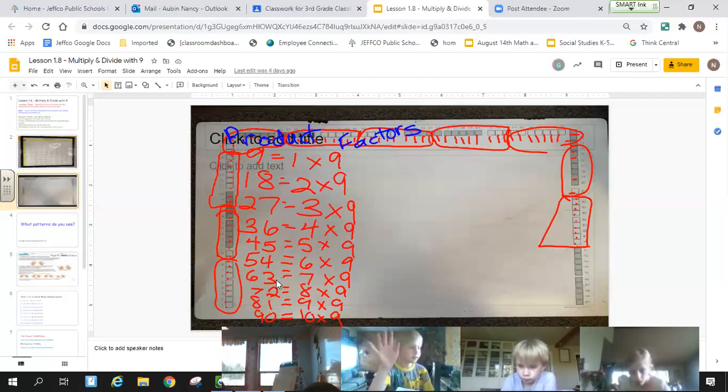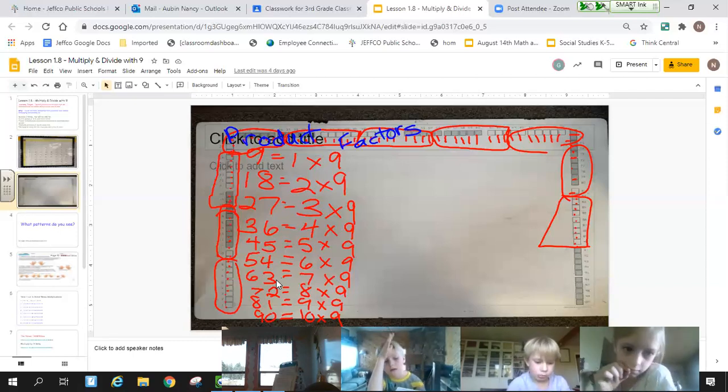Okay, here we go. Everybody look at this. You're going to be amazed. When you look at each product, whatever digit is in the ones place, plus, girls over there, listen up, Abby, plus the digit in the tens place equals 9. Watch.